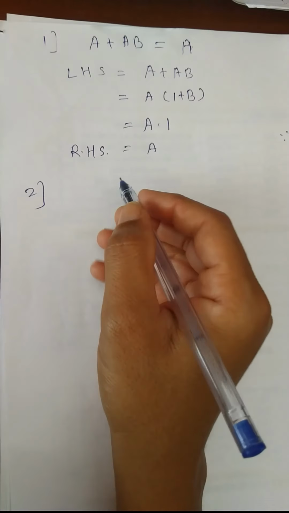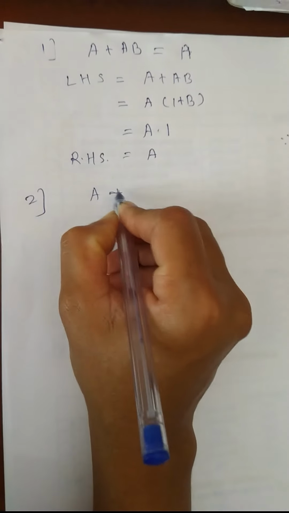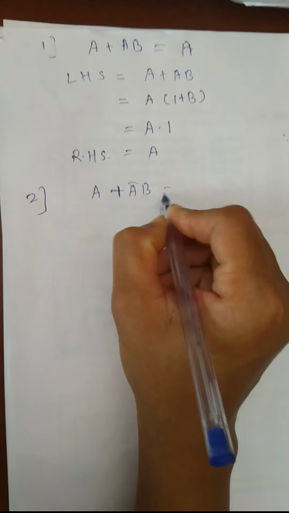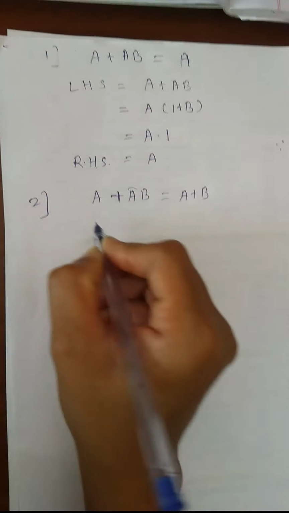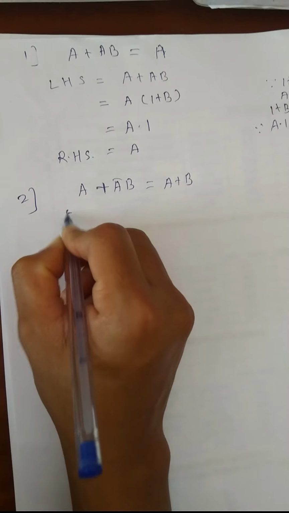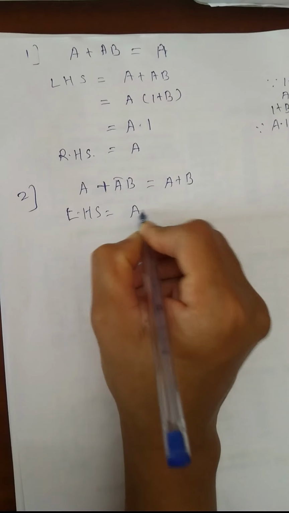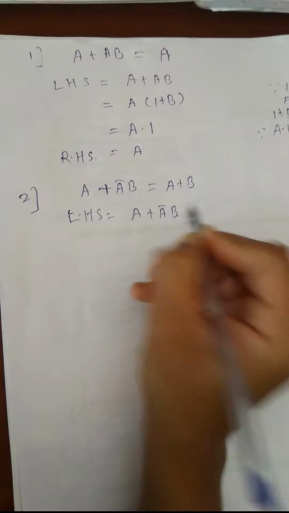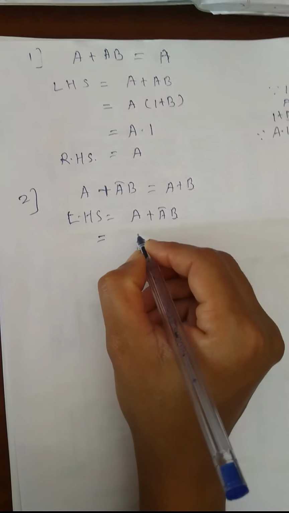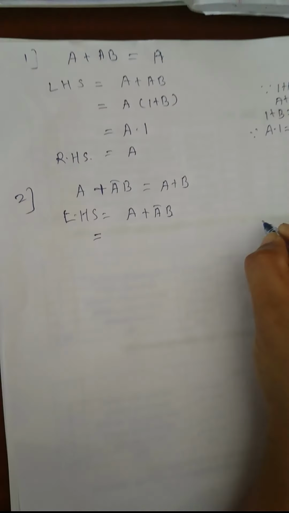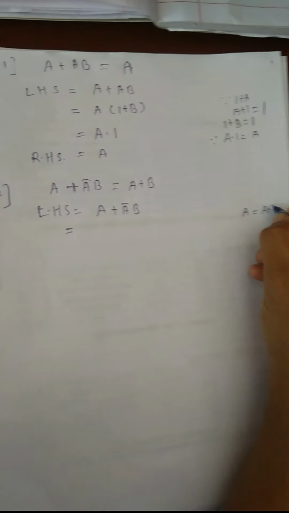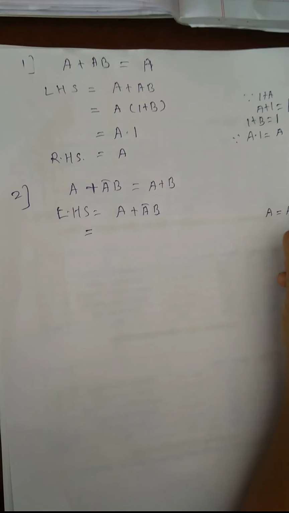Second example: A plus A bar B is equal to A plus B. LHS term: A plus A bar B. In the last problem we used another important law, A is equal to A plus AB.